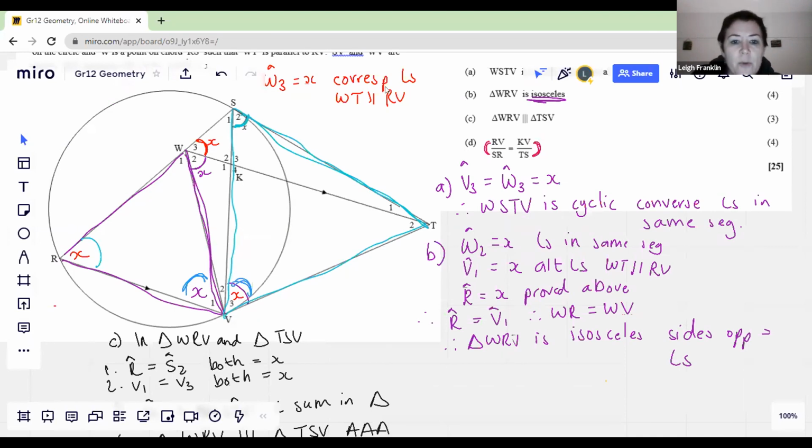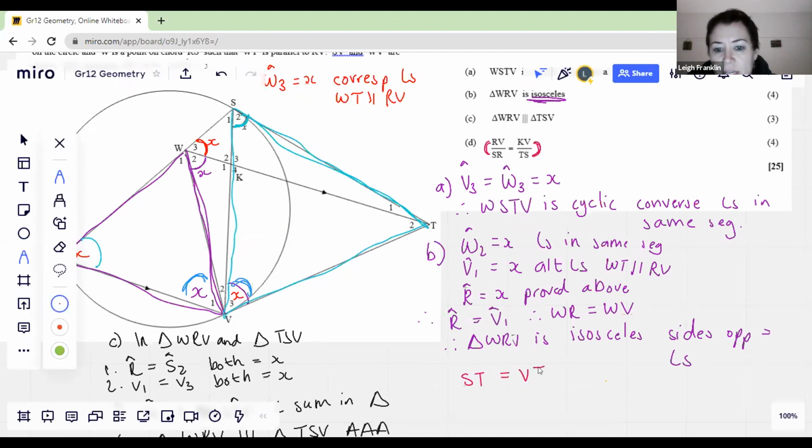If you have a look here, line ST, this one over here, is also equal to VT. So if I replace that with VT, now again, this is my rough work, I've got RV over SR equals KV over VT, because VT and TS are equal.